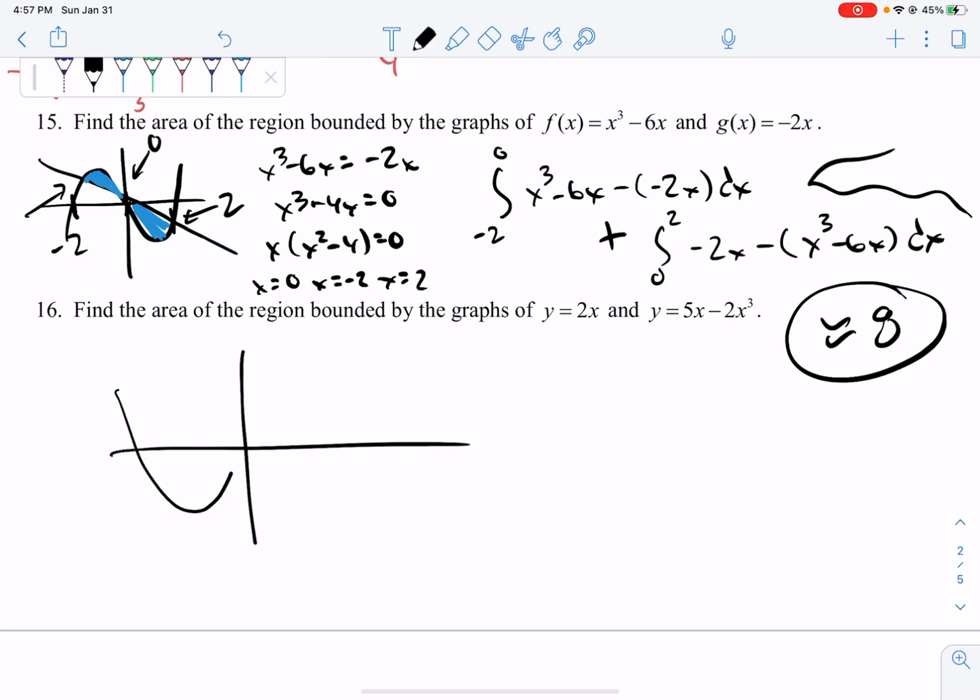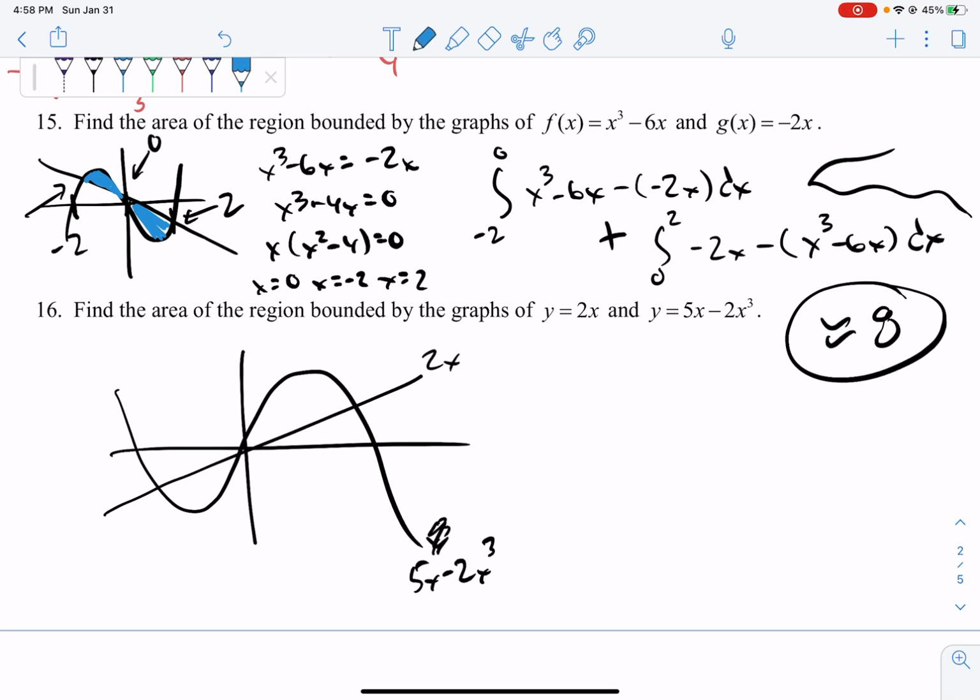So that's going to be my 5x minus 2x cubed, right? And then my y equals 2x looks like that. So I'm basically doing the same thing as I did before, but this time my regions are kind of flipped over.